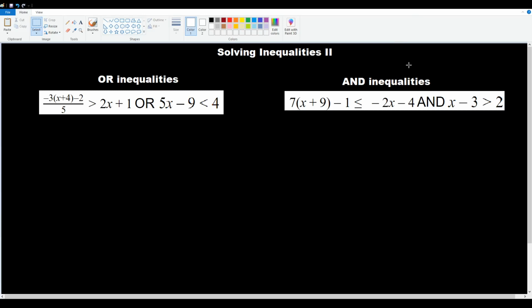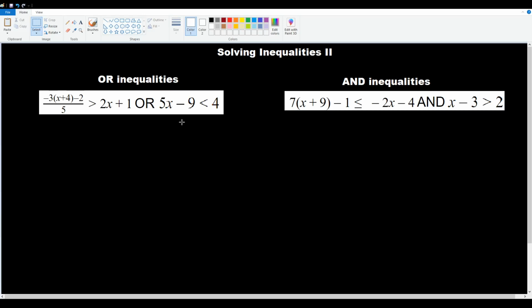Okay, now that we've gotten that out of the way, we can start with this lovely task of solving and or inequalities. And we will start with the or. So with or inequalities, basically you have two conditions and you have to satisfy at least one of them.